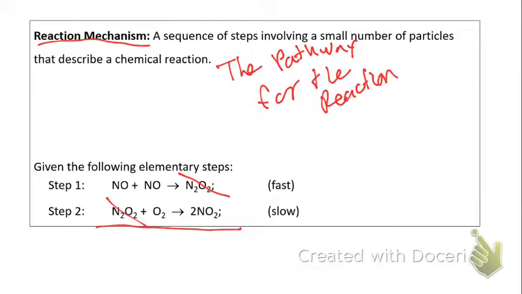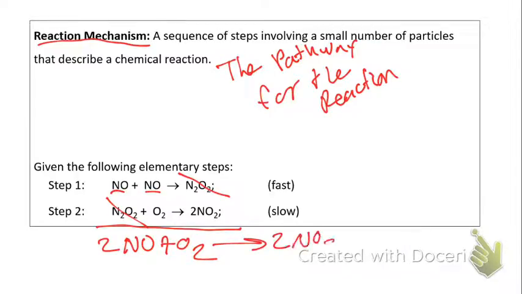And then at this point, once we've gotten rid of all of the chemicals or particles that we can eliminate, we add up the steps, kind of like when we saw in Hess's law. And so here we have two NOs, so we can add those two NOs plus O2, and our product is going to be two NO2s, and that gives us the overall reaction from the individual elementary steps.